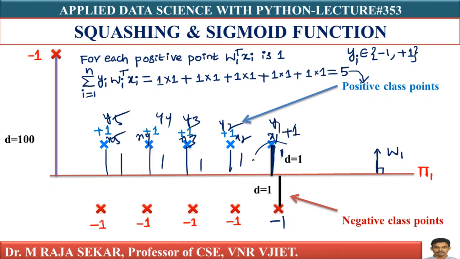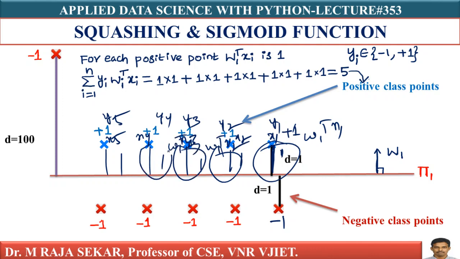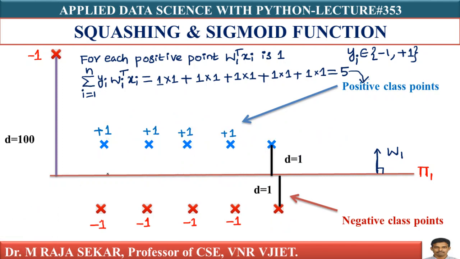This is W1 transpose X1, this is W1 transpose X2, this is W1 transpose X3, this is W1 transpose X4, this is W1 transpose X5. I can say these are distances.